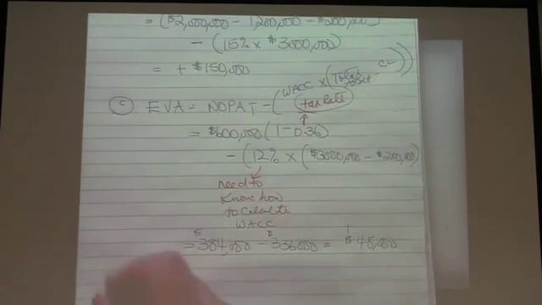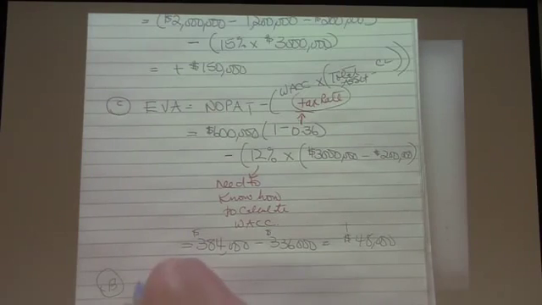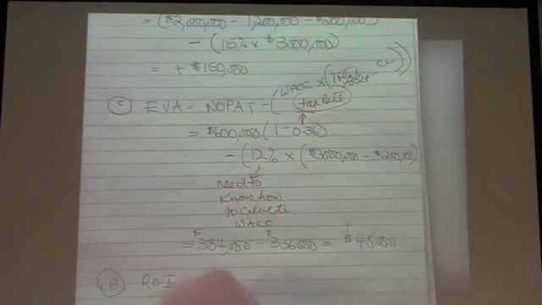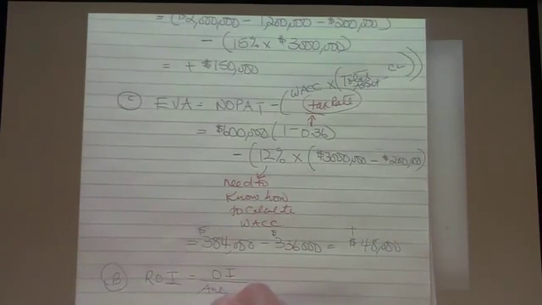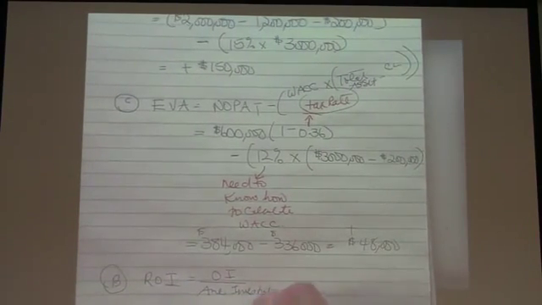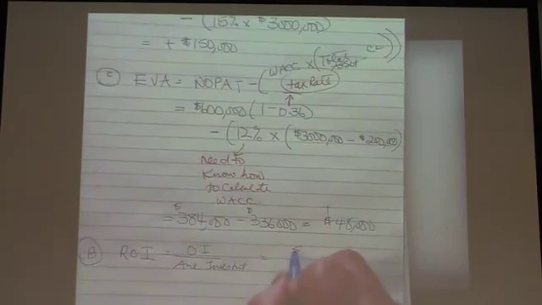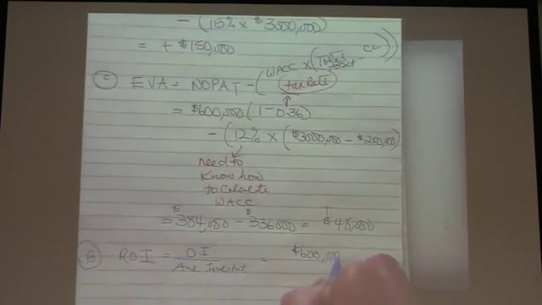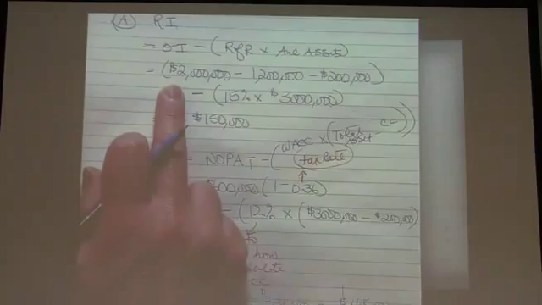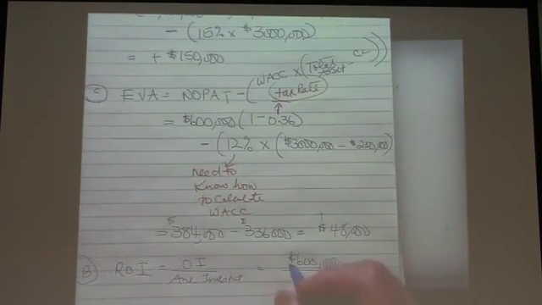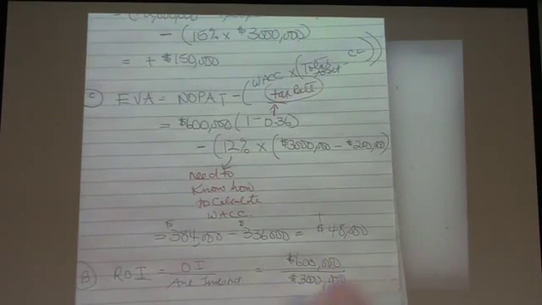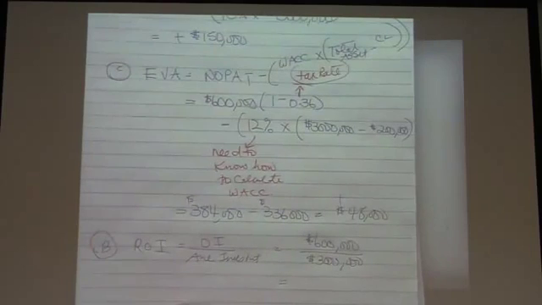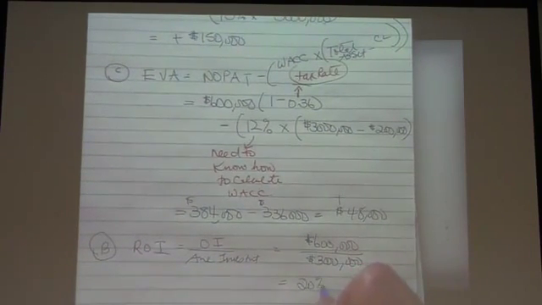Now let's do B, the ROI. ROI, we're going to take a look at operating income divided by average investment. And in this case, it would be 600,000. That's from here, right? These are 600,000 divided by 3 million. This gives us 20%.